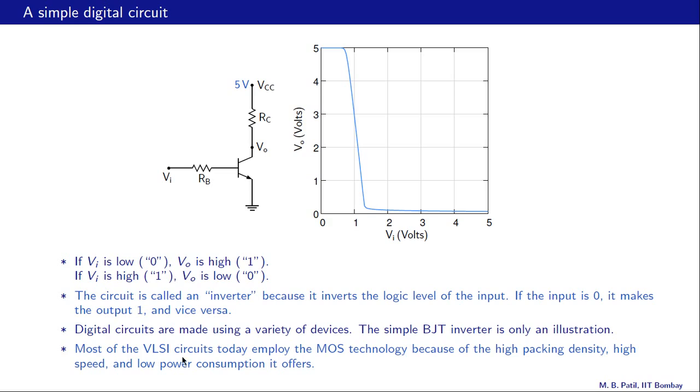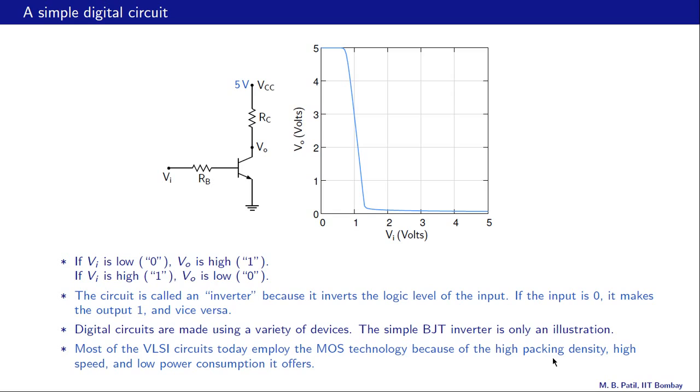Most of the VLSI circuits today employ the MOS technology, in particular the complementary MOS or CMOS technology, because of the high packing density, high speed and low power consumption that it offers. And you are probably familiar with the numbers here. What do we mean by high packing density?